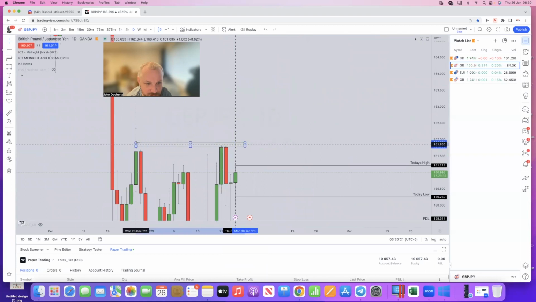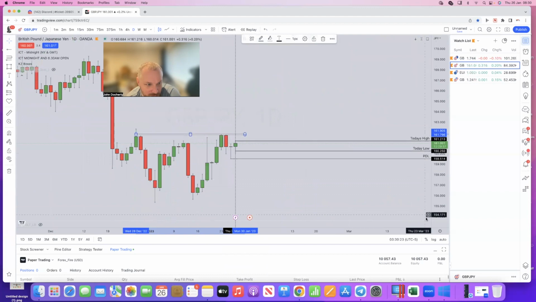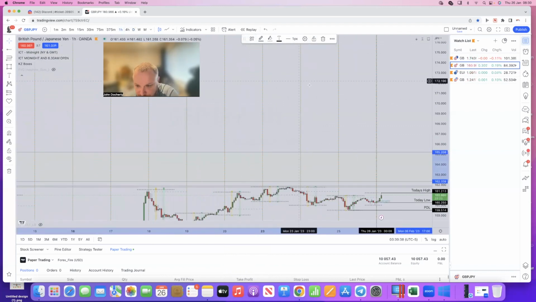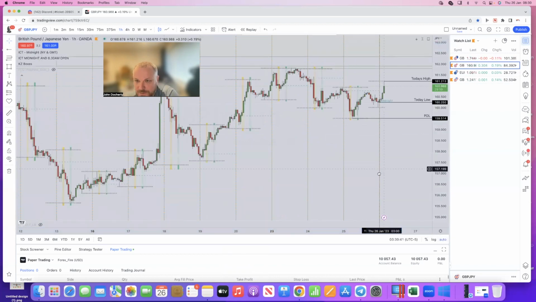That could stretch right out to that, to be fair. We've got a huge imbalance area up here. Clear this out. Go back down to 1 hour, click auto.